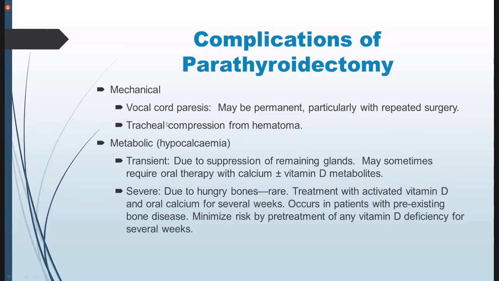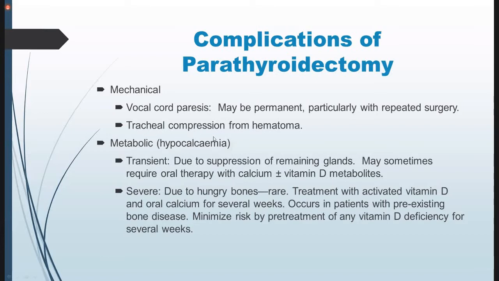And then you have the vocal cords, which can be affected. Voice can become hoarse or can be gone altogether, and can be permanent, especially if surgeries are performed repeatedly, because the vocal cord nerve, the recurrent laryngeal nerve that I'm talking about, passes very sensitively close to these parathyroid glands. So these are the mechanical complications.